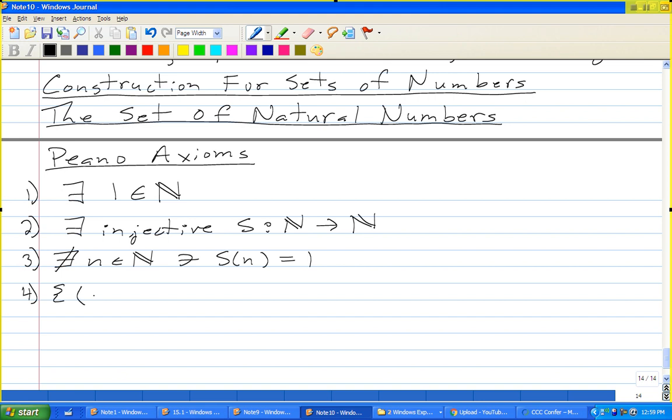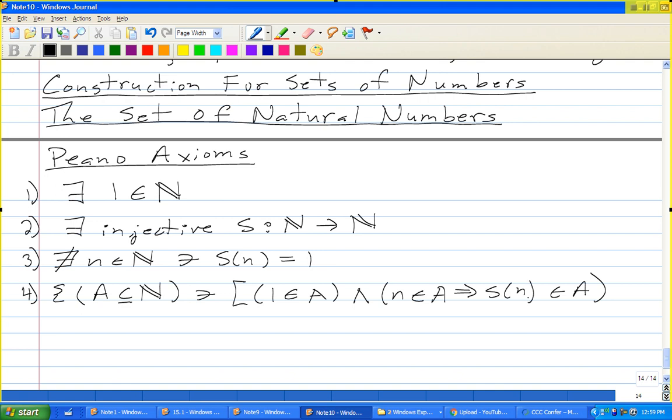This says that if A is some subset of the natural numbers such that 1 is in this set, the initial case, and n being in this set implies that its successor is also in the set, that's the induction case.